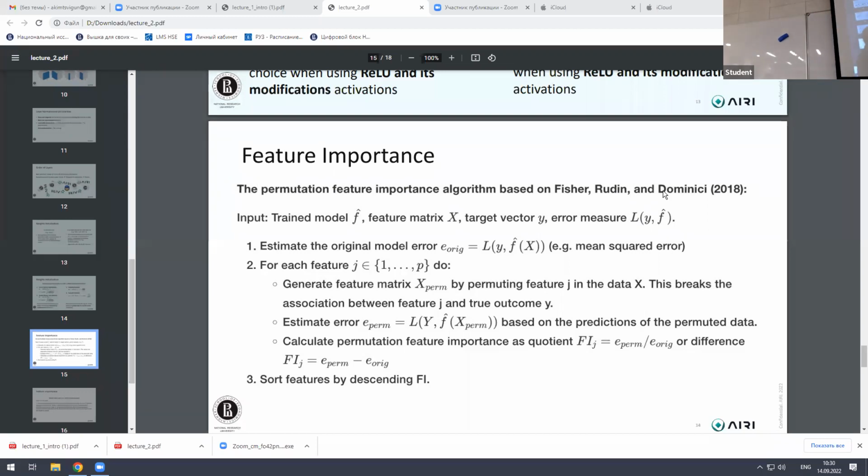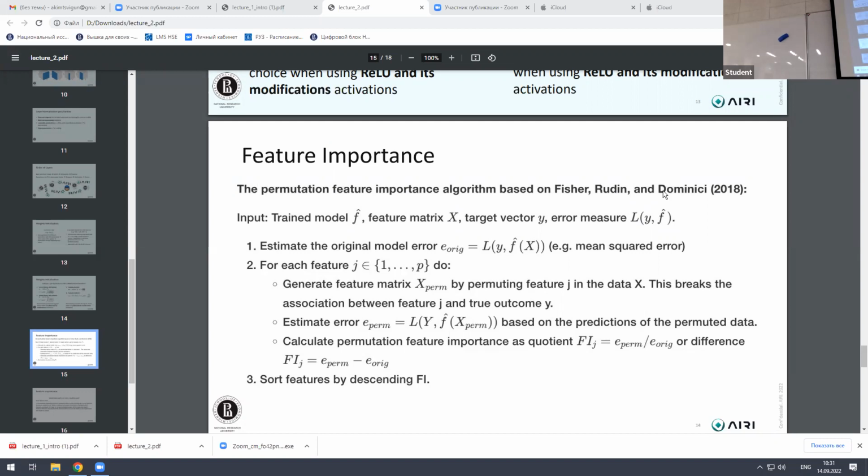Then we calculate the permutation feature importance as either dividing our permuted error by the original error or simply subtracting one from another.